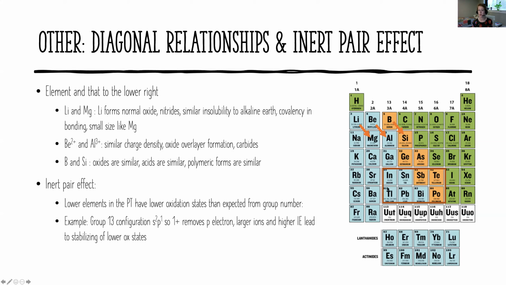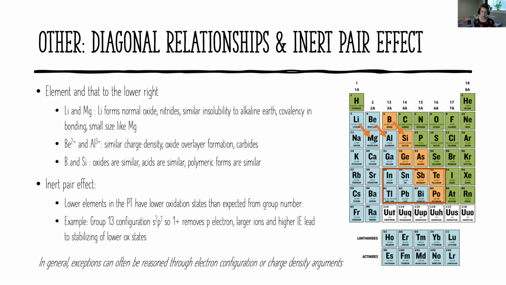And so that's what's known as the inert pair effect, is that you tend to have lower oxidation states in metals following the f orbitals, because those f orbitals aren't shielding enough, and therefore electrons are harder to remove. And so they have a higher ionization energy, leading to stabilizing of lower oxidation states.